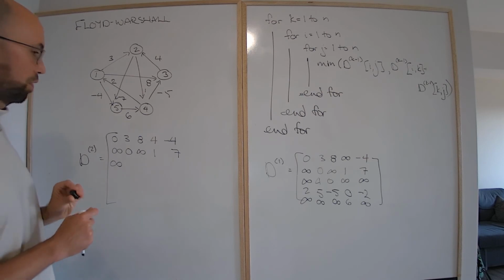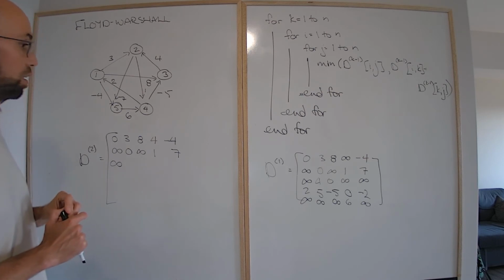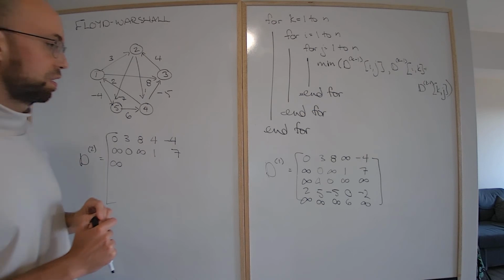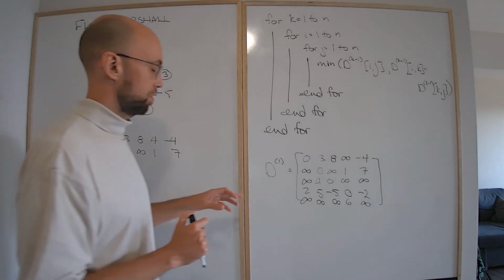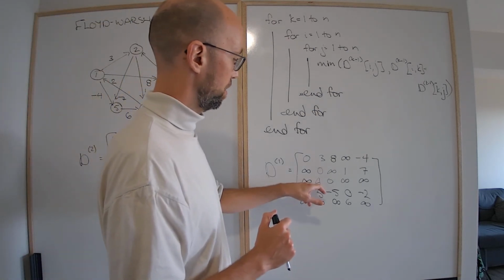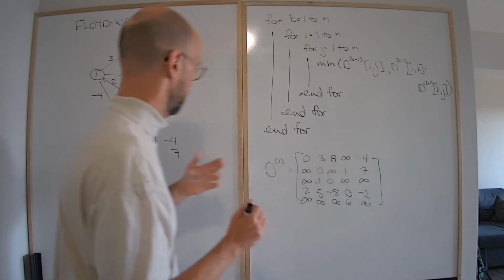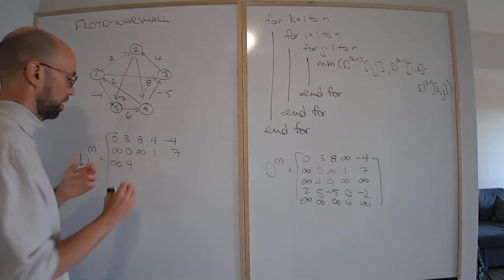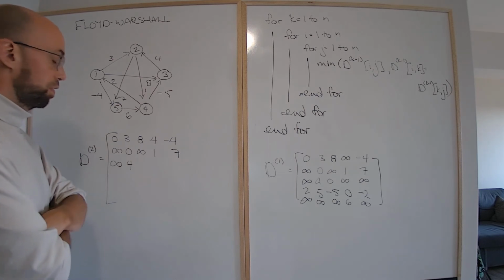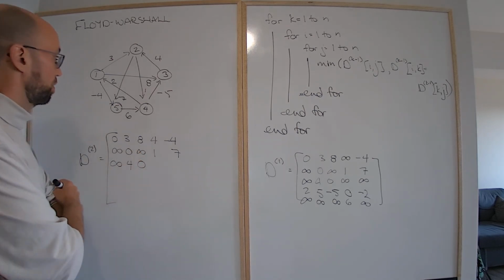Cost of going from 3 to 2 is cost of going from 3 to 2 directly. Cost of going from 3 to 3, 0. Cost of going from 3 to 4.